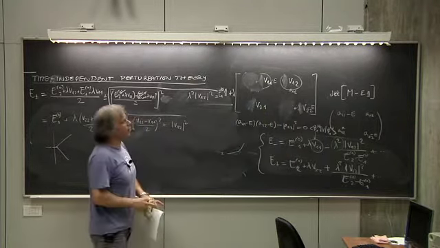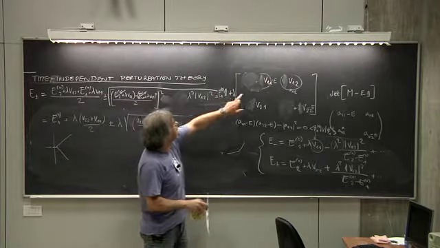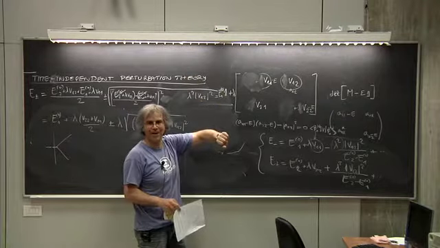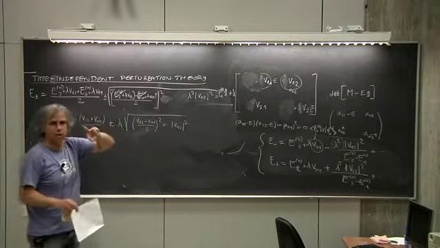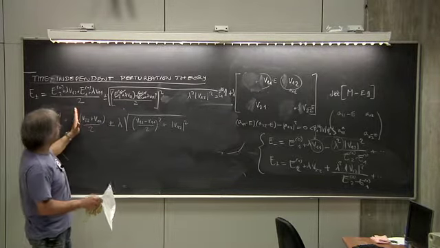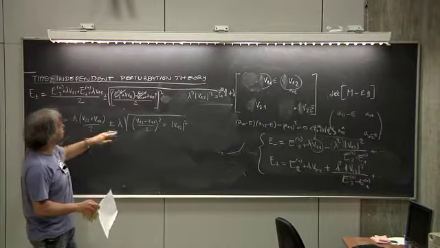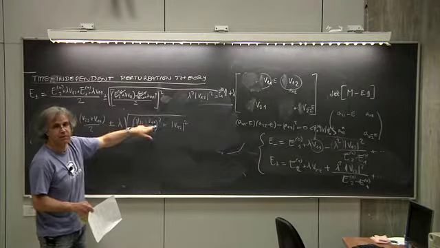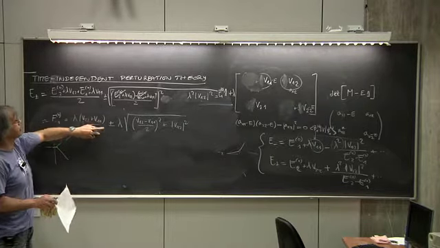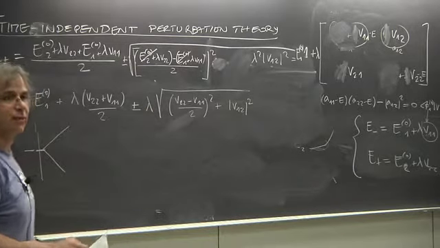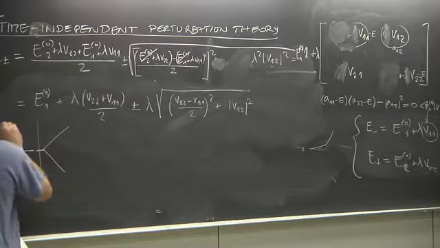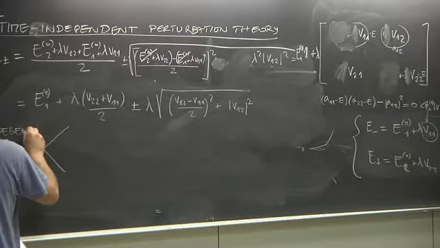Which means that the 2x2 problem you have to solve is simply to diagonalize V rather than diagonalize E0 plus V. And diagonalizing V gives you two eigenvalues in general, which are given by this formula: the semi-sum of the two, plus or minus the square root of the semi-difference squared plus V12 squared. So the two eigenvalues of V will just give me this very simple linear shift. Now, this case is called degenerate perturbation theory.